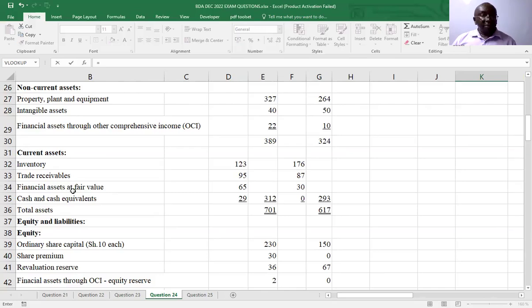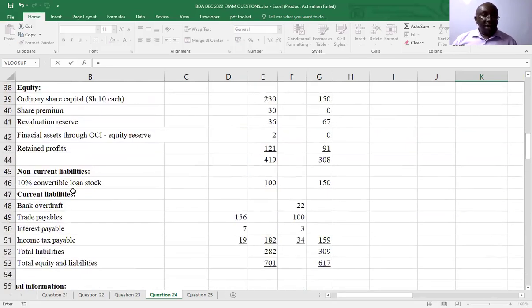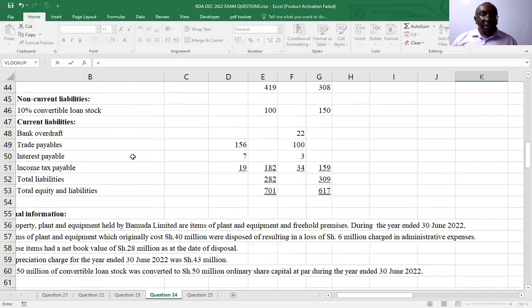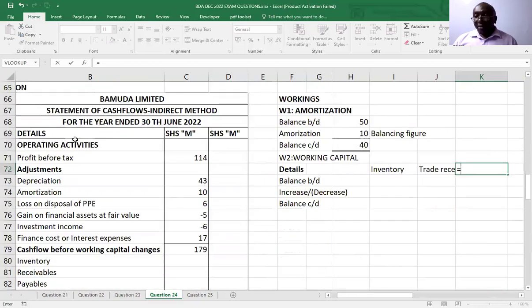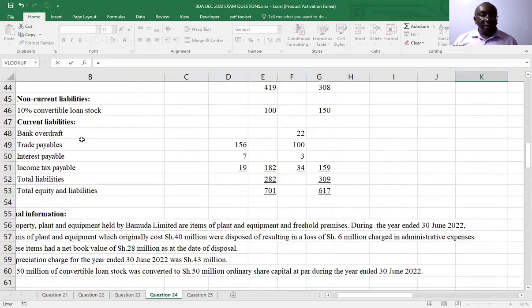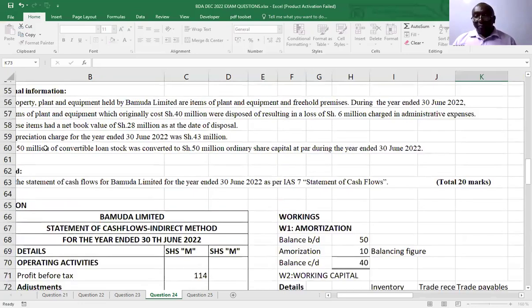So prepayment is absent. Okay, let's come to current liabilities. The first one is bank overdraft. Bank overdraft is treated as part of cash and cash equivalents because it's not part of day-to-day activities, so we leave that. The other one is trade payables. The trade payables are part of working capital. So I click this one.